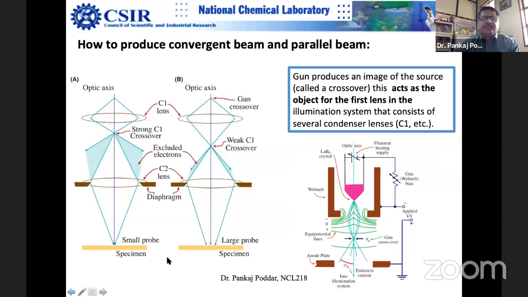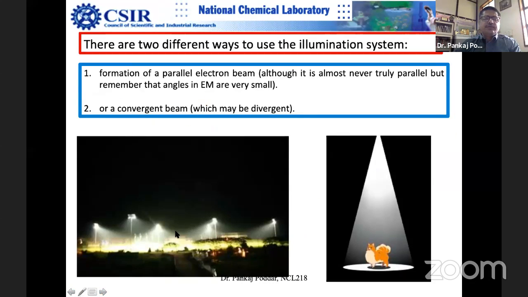The disadvantage of the first case is that you are looking at a larger area and the sampling size is much bigger, so you get information from a very large area. Here you can select what you want, for example a player on the field, and then you can investigate.